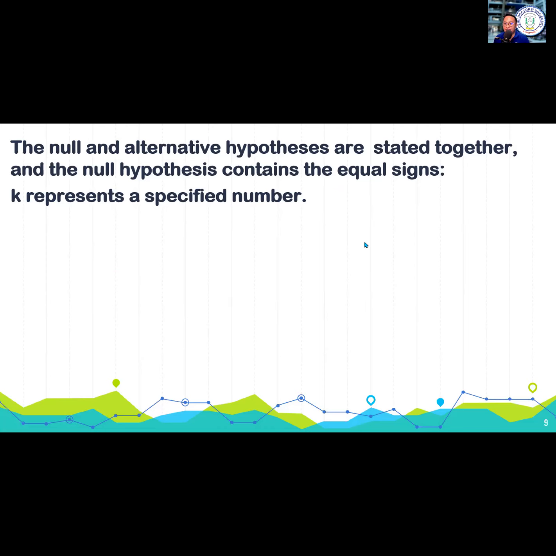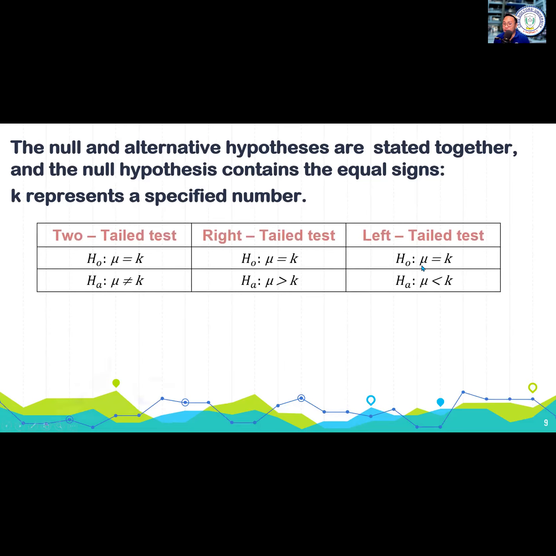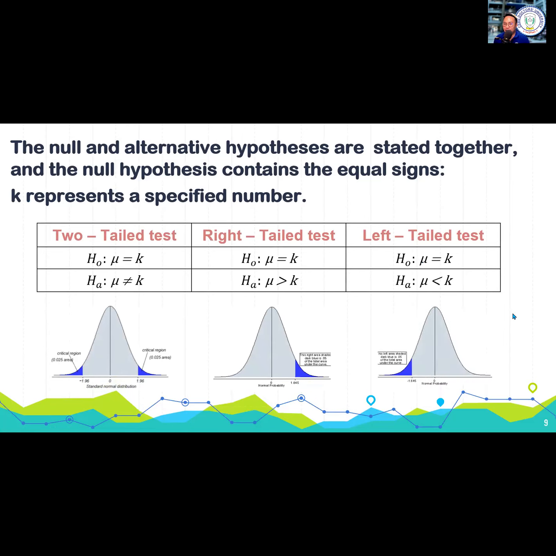And here is the concept of doing less than, greater than, or not equal to. We are still going to be using the normal curve, the standard curve here. We use a two-tailed test when our alternative hypothesis uses not equal to. That's two-tailed because we are dealing with two critical regions, the right and left regions.